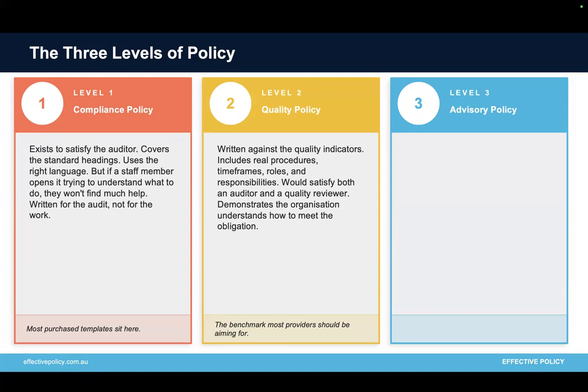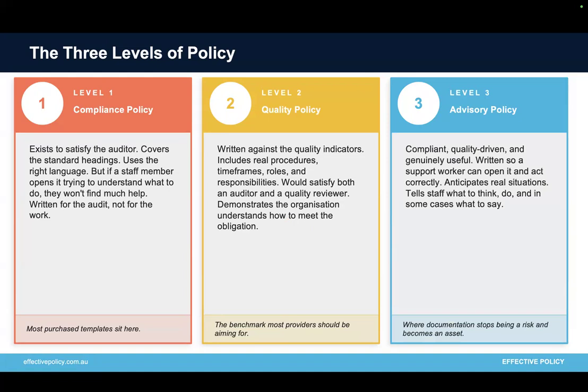So this is the gold standard, if you want, of policies. It's compliant, it's quality driven, and it's genuinely useful. So it's written so a support worker could open it up if they weren't sure what to do, and they'd be able to read what was the next thing to do. You could search that policy for the word medication. What do I do?